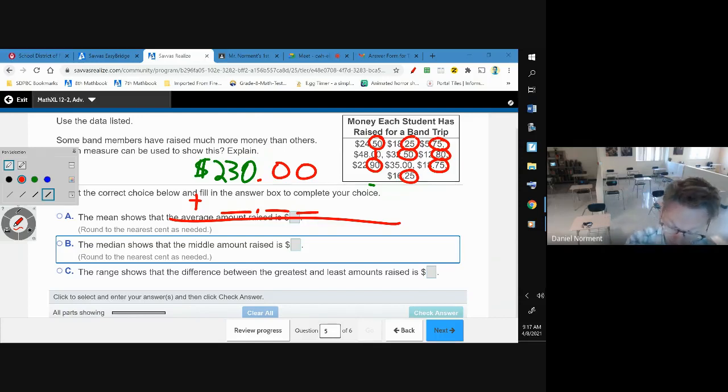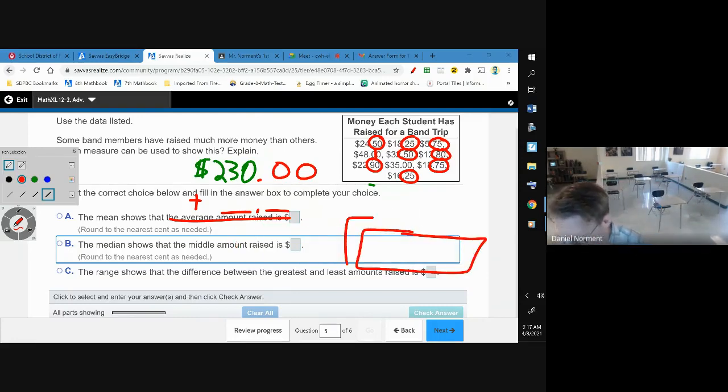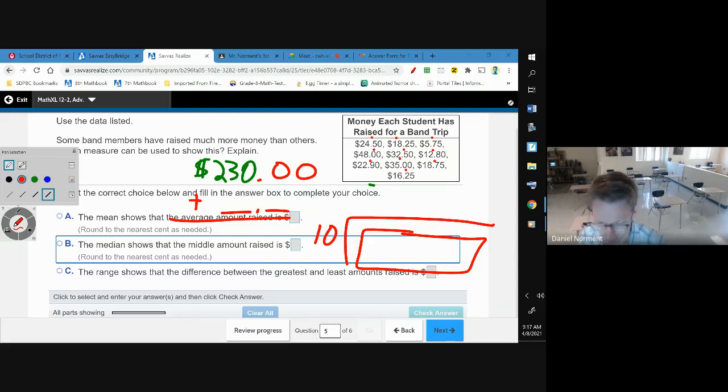You're going to take that total amount and divide by 1, 2, 3, 4, 5, 6, 7, 8, 9, 10. Oh, well, that's not going to be bad. When you divide by 10, you're just going to move the decimal one place to the left. And that's going to be your new answer. That's going to be the mean. Or you can just divide by 10 the normal way. And that will be the mean.